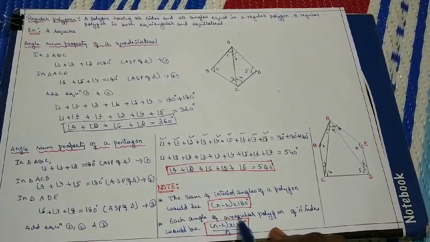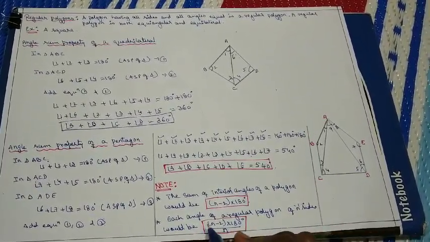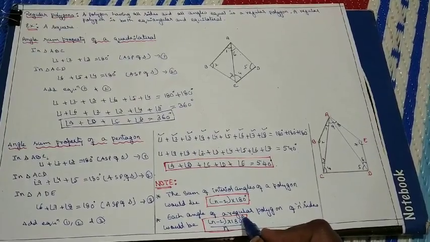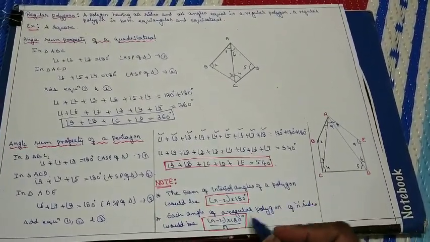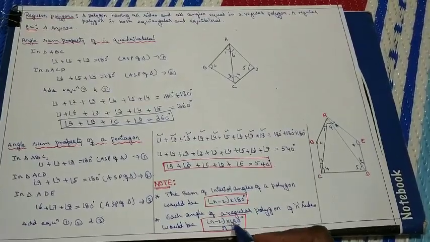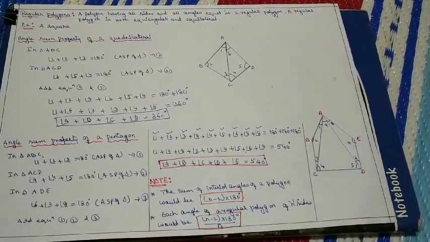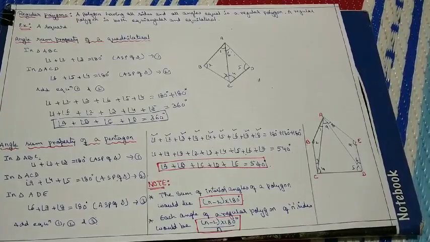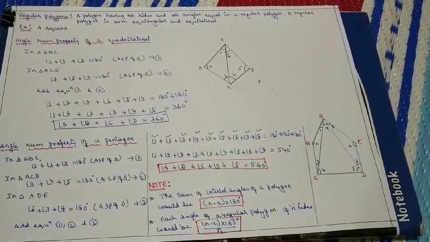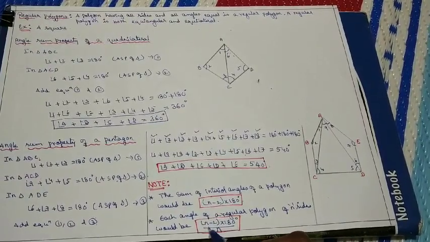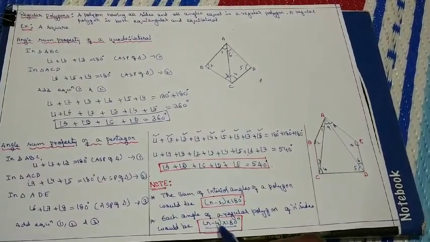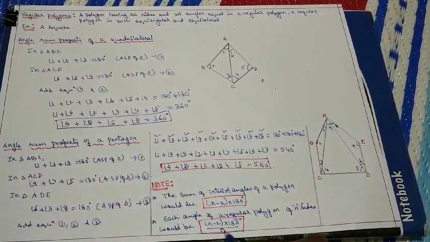Next, each angle of a regular polygon of n sides would be (n minus 2) into 180 degrees divided by n. Here he speaks about a regular polygon. To find each angle of a regular polygon, we substitute the number of sides, subtract 2 from it, then multiply by 180 and divide by the number of sides.